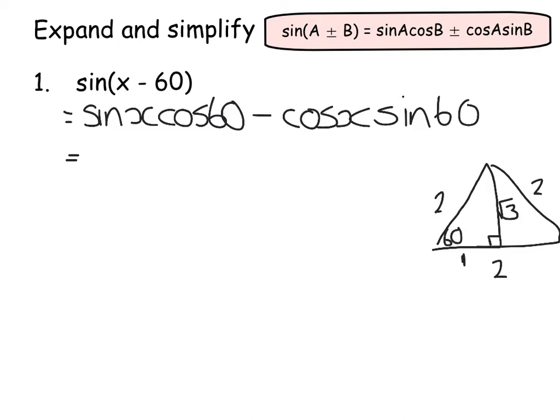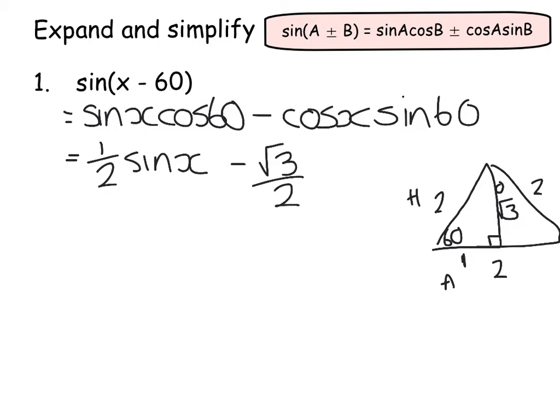Cos of 60 would be your adjacent over hypotenuse, which is a half. So you've got 1/2 sine x there. Take away sine of 60, which would be your opposite over hypotenuse, so root 3 over 2. So we take away root 3 over 2 cos x. And you can't do anything else with it from there, that's just your expansion and your simplification.